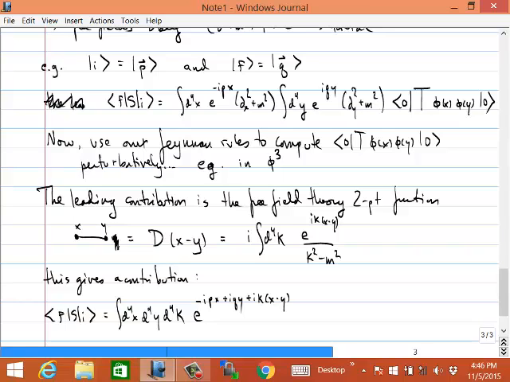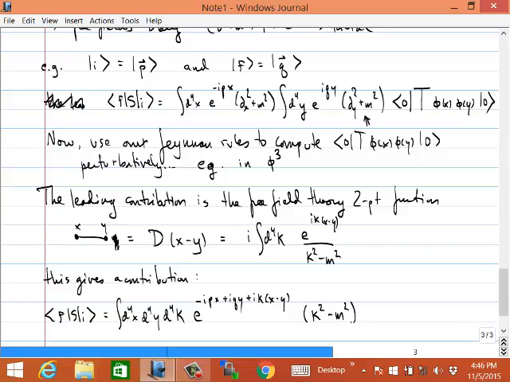And then we have that 1 over k squared minus m squared from the propagator. But you also have the d by dx squared acting on the propagator. So what does that give you? That gives you minus k squared plus m squared. And then you get another factor of minus k squared plus m squared coming from here. So you end up with a total factor of k squared minus m squared.